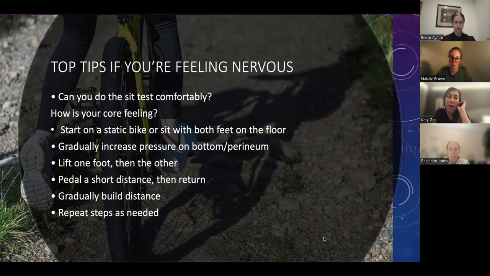But otherwise, there needs to be some core training because it really does feel like there's nothing in the middle anymore once you've had a baby. Pedal a short distance, put your foot down, and then gradually build up and repeat it as often as you need it.